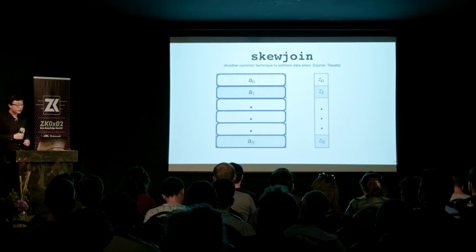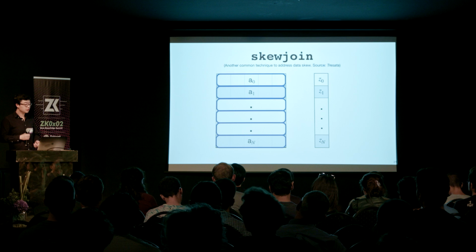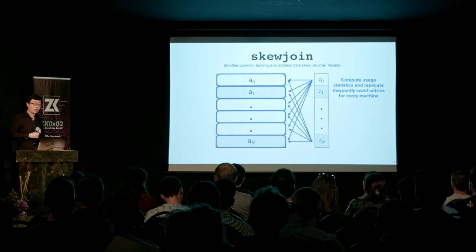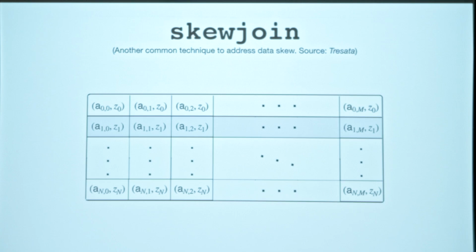Next, we benchmarked another common technique to address data skew that's called skew join. And skew join takes a more fine-grained approach by first computing usage statistics, and it will replicate frequently used entries for every machine. This sounds more reasonable, and indeed in most cases it really is. However, for our system, it turns out this provides us with minimal advantage, and let's see why.